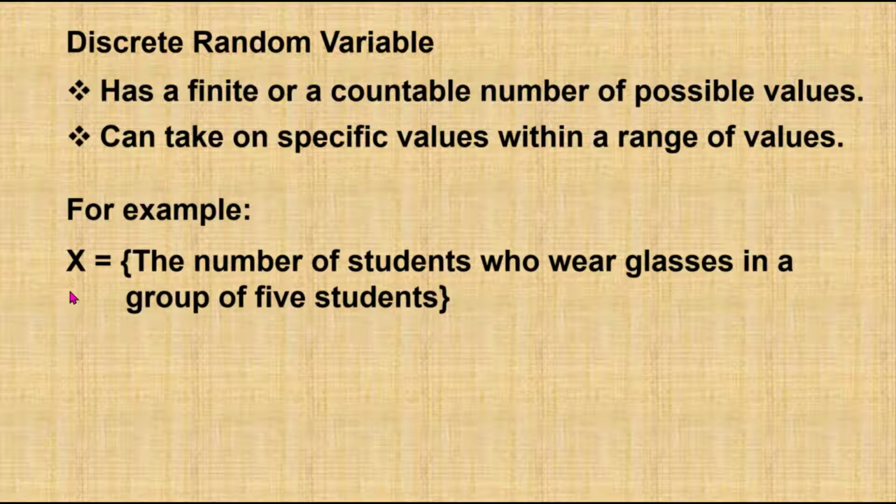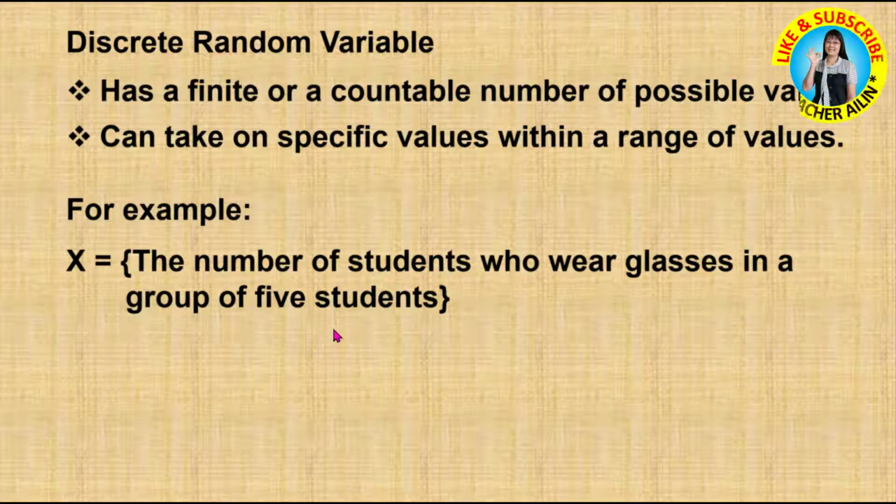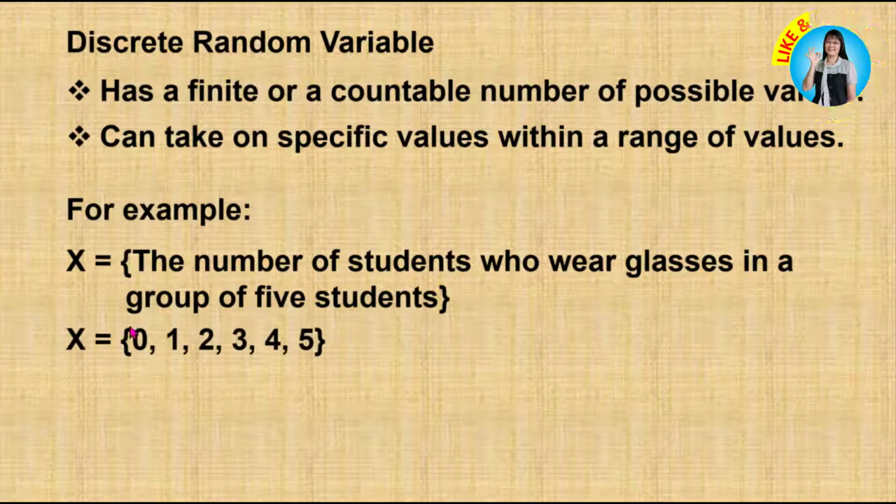For example, X represents the number of students who wear glasses in a group of 5 students. So in this group, maybe none of them wear glasses, maybe 1, or 2, or 3 or 4, or maybe all of them wear glasses.